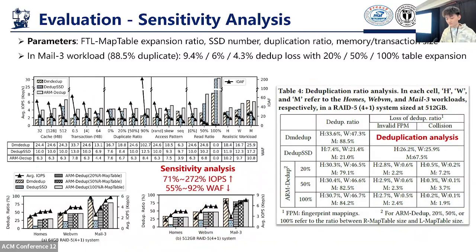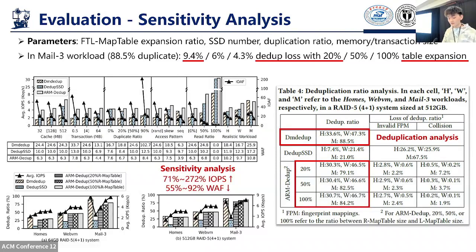In the workload with 90% duplicate, our solution loses less than 9.4% dedup ratio with only 20% table expansion. When the workload duplicate ratio decreases or the remote mapping table expands larger, this dedup loss will be lower.